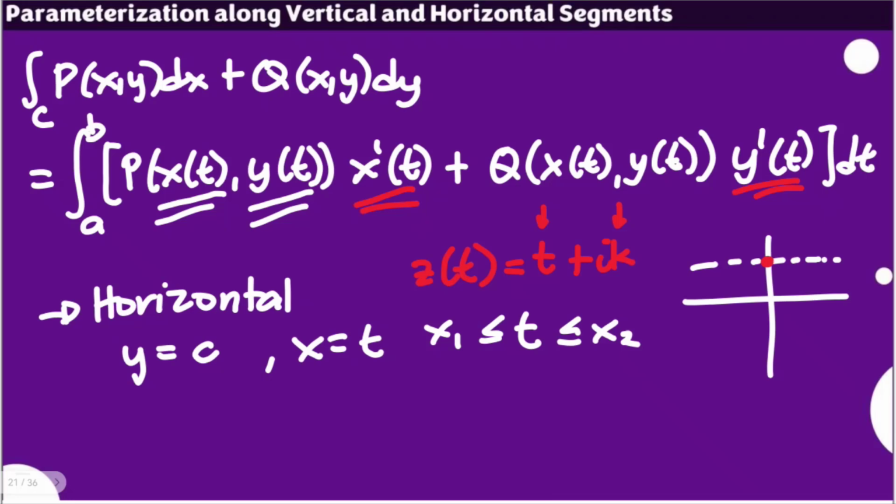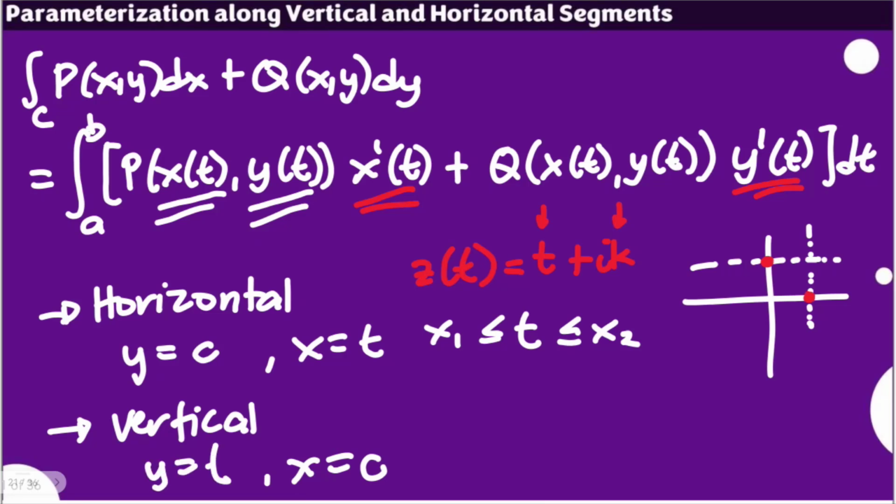Now for the vertical line segment, only the x value is constant, but the y value changes. So the point here is we are going to talk about the constancy of x. That would mean x is c, but your y stands for your t.